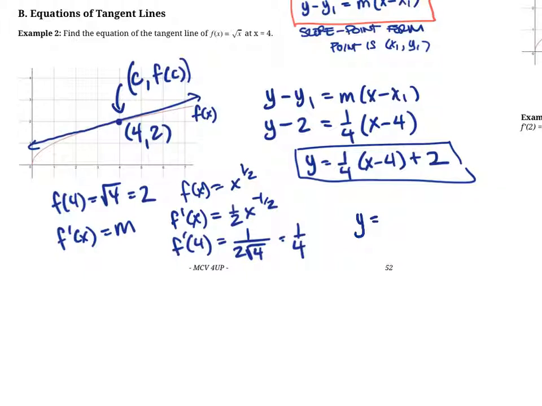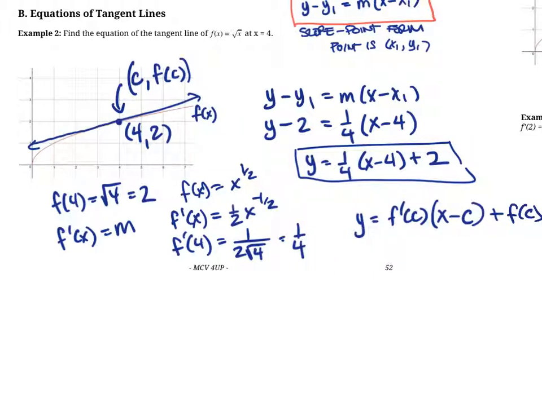So the slope at point C is going to be f prime at C times x minus that C value, whatever it was. In our example it was 4, but whatever that x value is, that's our x1 value. And then at the end, we're just going to add our y value, which is f at c.